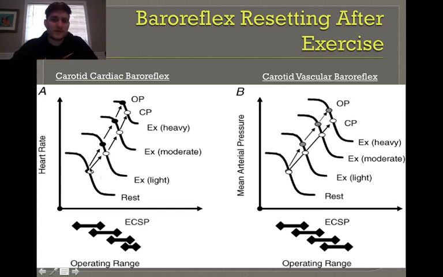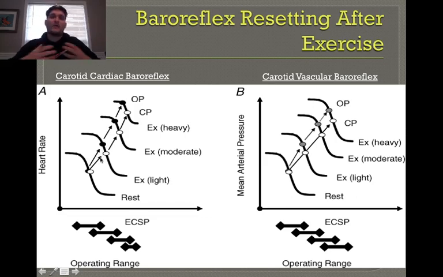The first thing that we're going to notice is that, again, just a similarity for each, we do get this resetting of the baroreflex curve, right? Where as we increase intensities of activity, our operating point does go a little bit to the left of our max gain, right? So that means our operating point is actually serving at a lower sensitivity, at a lower mean arterial pressure than our center point.